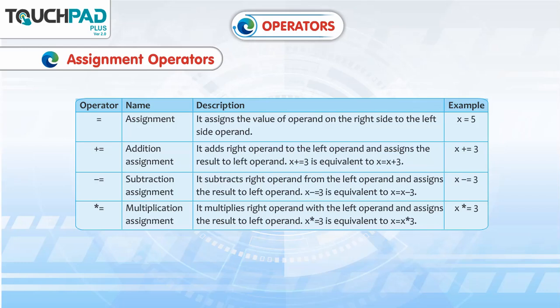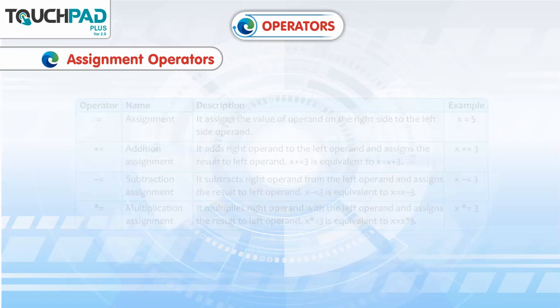Multiplication assignment multiplies the right operand with the left operand and assigns the result to the left operand: x *= 3 is equivalent to x = x * 3.